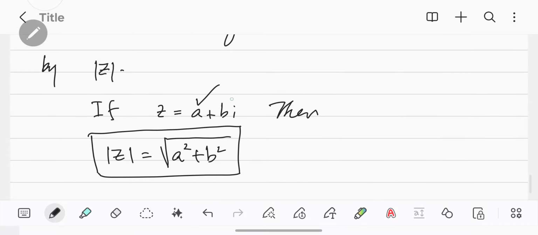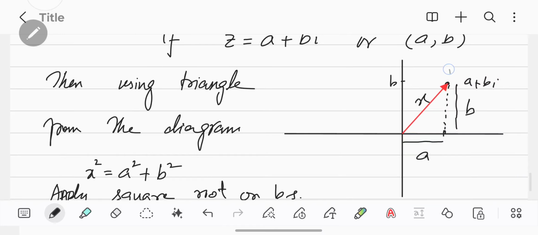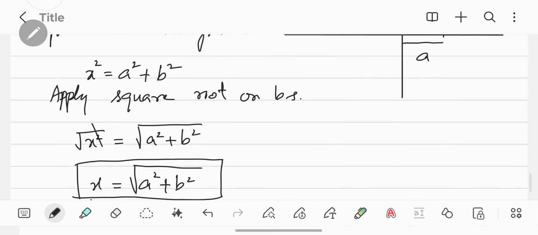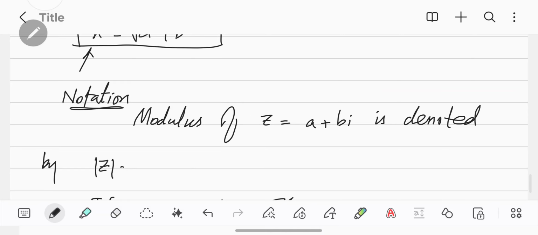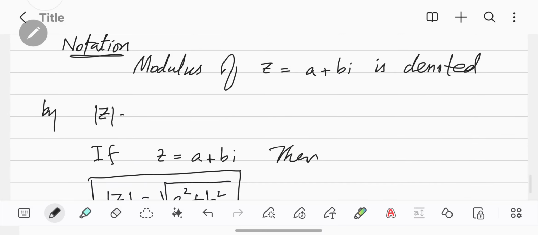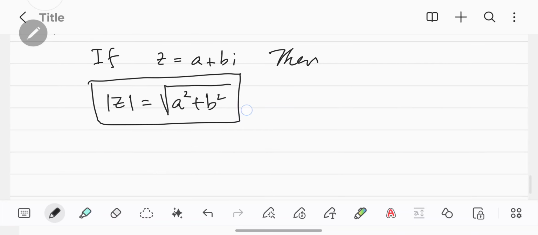Just take the square of this and apply the square root. I have shown you this distance can be written as the square root of the sum of squares. In general, if you want to find the modulus of any complex number, you have to find the square of the real part plus the square of the imaginary part and apply the square root.